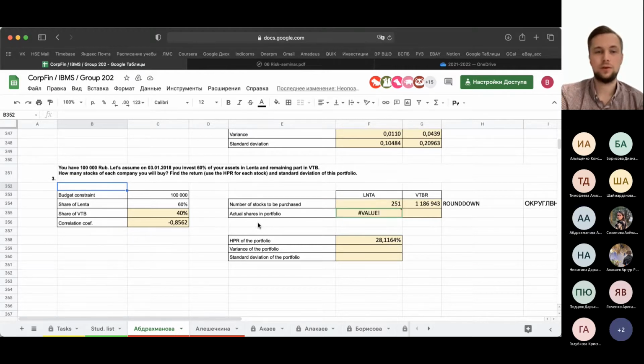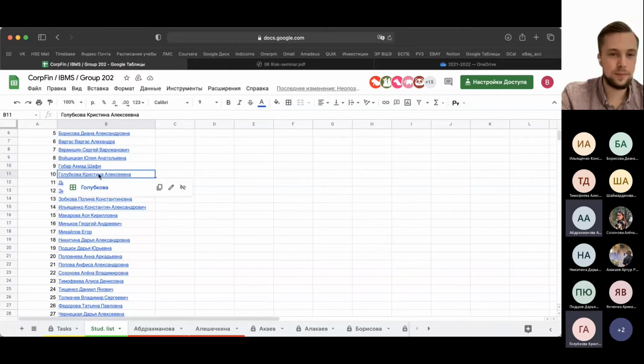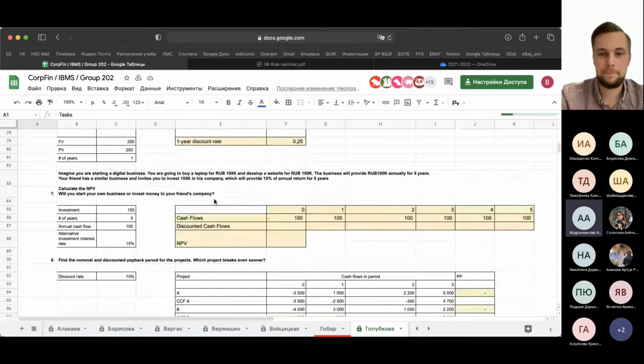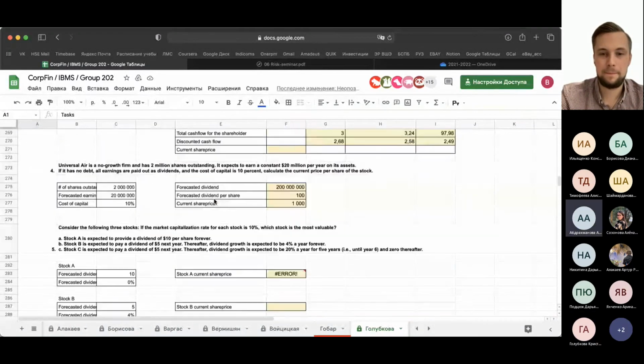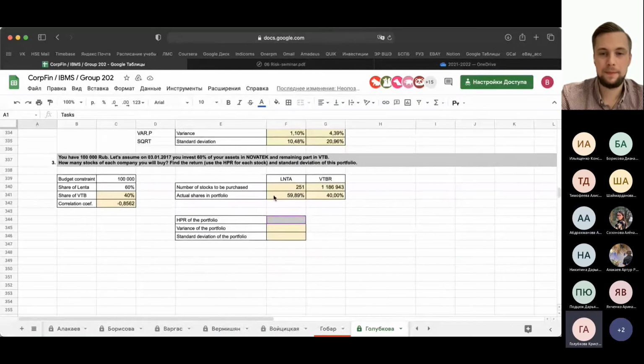Okay, and who has the calculations of actual shares in the portfolio? I have, but only calculations about actual shares. Okay, let's look. So how did you get it? Can you please explain?